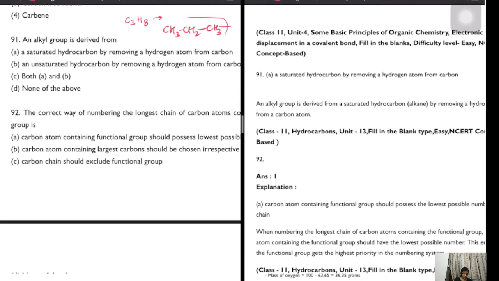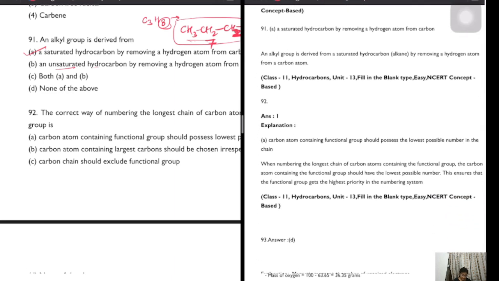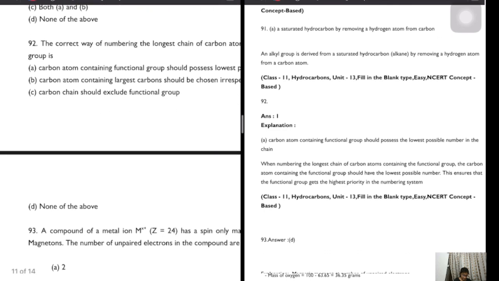It must be then formed and connected to another one, so it is propyl. What we did earlier, it had 8, now it has CH2. Now it has 7. Earlier it had 8, one less hydrogen. We remove the hydrogen from the saturated hydrocarbon. So answer 1. Unsaturated hydrocarbon means alkene or alkyne. But it is made from alkane.